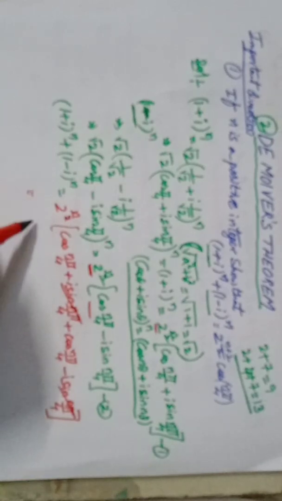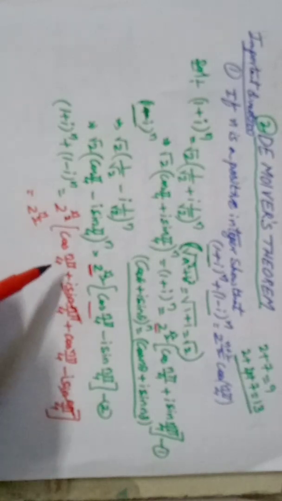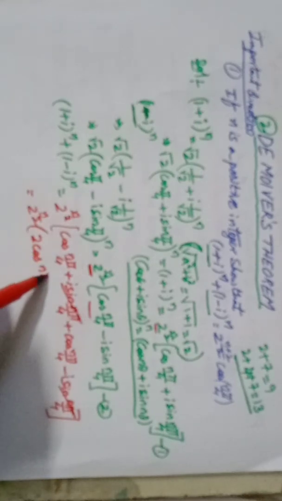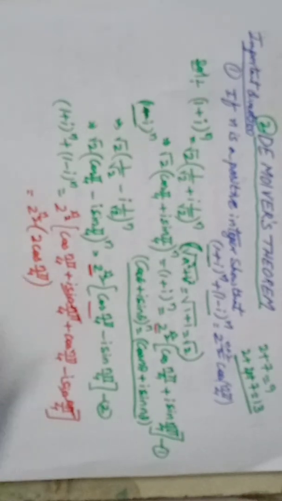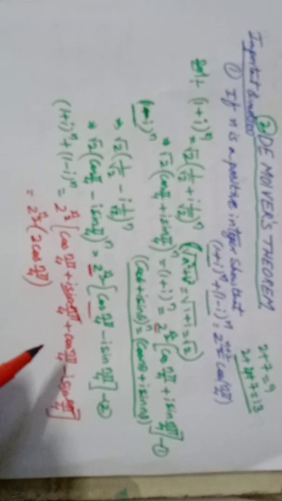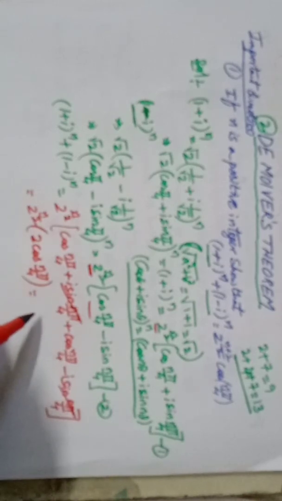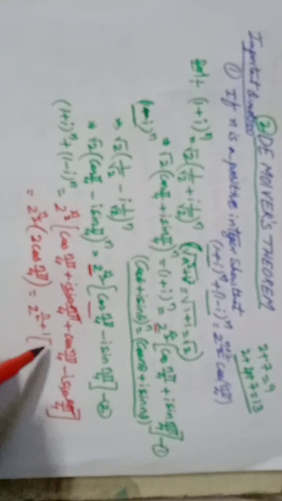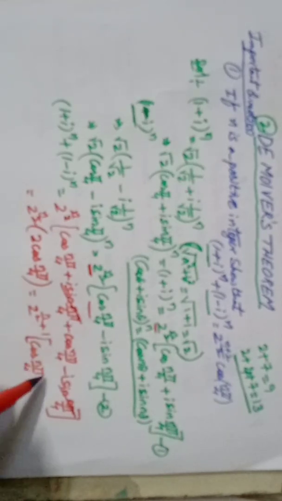So what is left here? 2 to the power of n by 2, and you can add 2 cos n pi by 4. If you take 2 outside, then what will we get here? 2 to the power of n by 2 plus 1, cos n pi by 4.